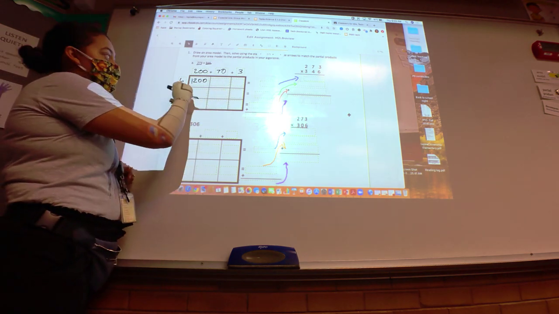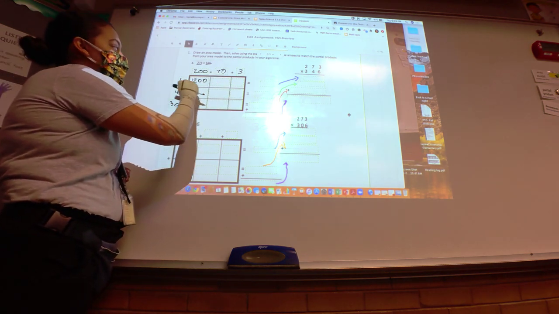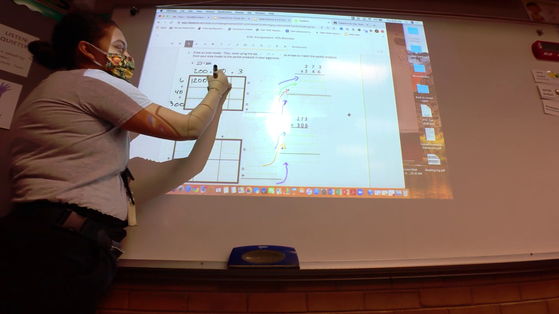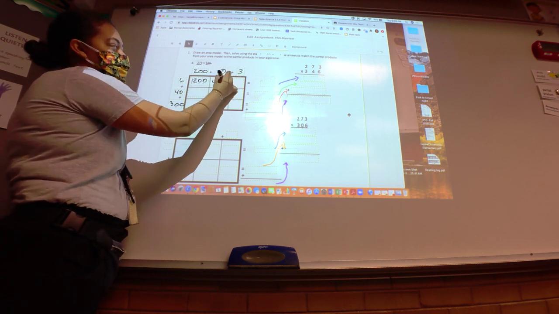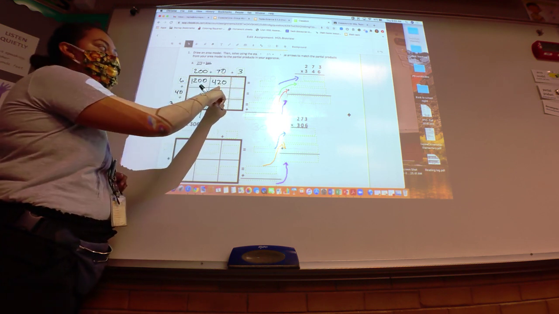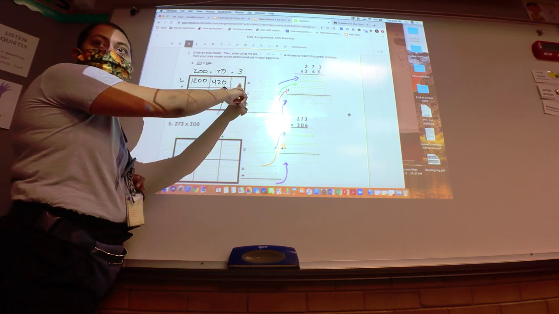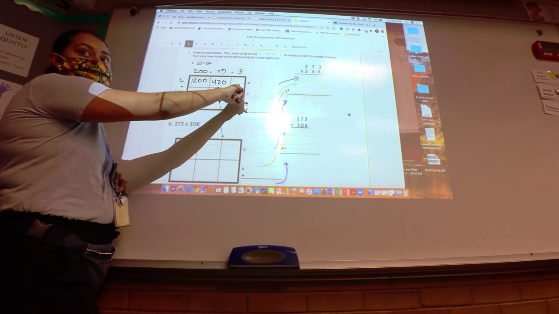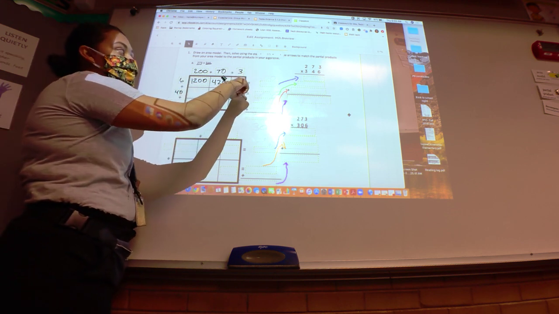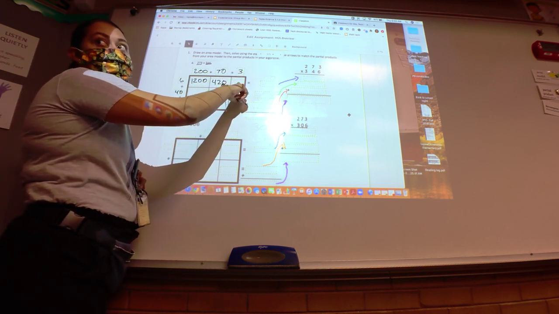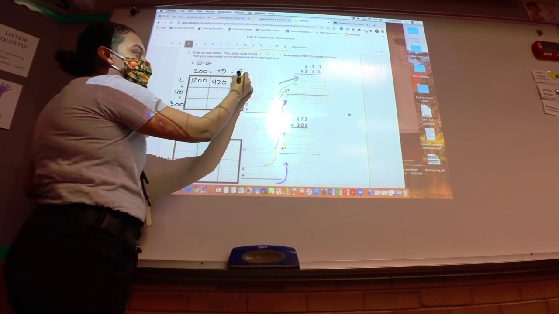Okay, so here we have 6 times 70. So 6 times 7 is 42, and then plug in that 1 power of 10 and 70, so 420. So now to the right, we have here 6 times 3, which is 18.